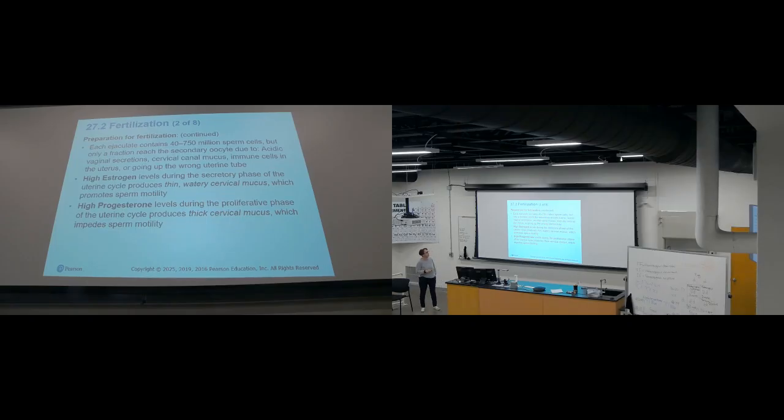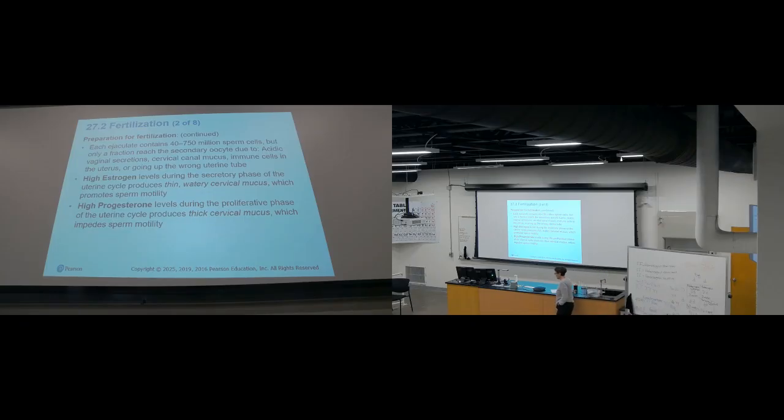The egg cells are outnumbered by the sperm cells, and only a fraction reach the secondary oocyte, because the female has acidic secretions that can prevent the movement of sperm cells. Besides this chemical barrier, sperm cells have to travel through the cervical canal, in which the female will have mucus.